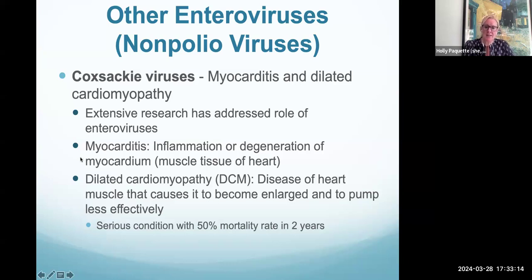So myocarditis, as I said, is the inflammation or degeneration of that muscle tissue of the heart. Dilated cardiomyopathy is disease of the heart muscle. And what happens is it causes it to become enlarged, and when it does, it doesn't pump blood as effectively. Often what we see is that this can lead to pretty high mortality rates, up to 50% mortality rates within 2 years for that dilated cardiomyopathy.